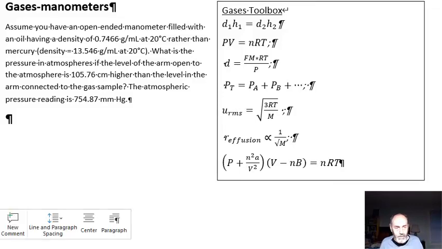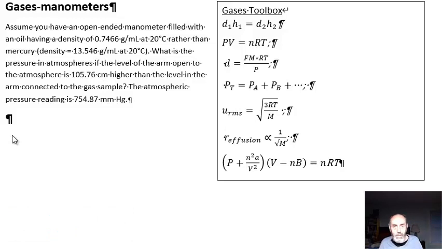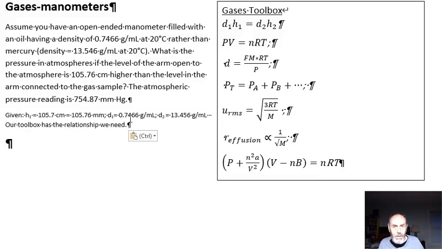So here is our list of given terms. We know that the height of the oil is 105.7 centimeters. We have to then convert that to millimeters, so there we've done that. And then the density of the oil is much less than the density of the mercury. So we want to figure out what the height of mercury would be at that pressure.